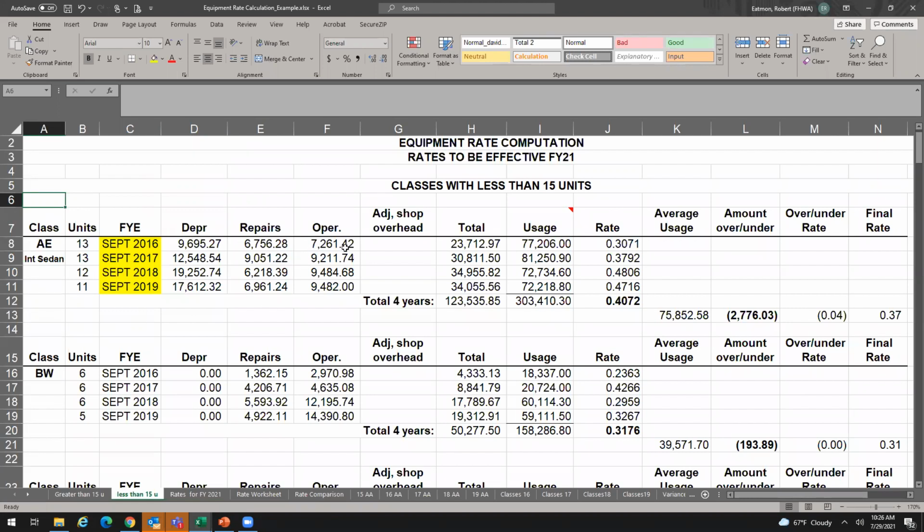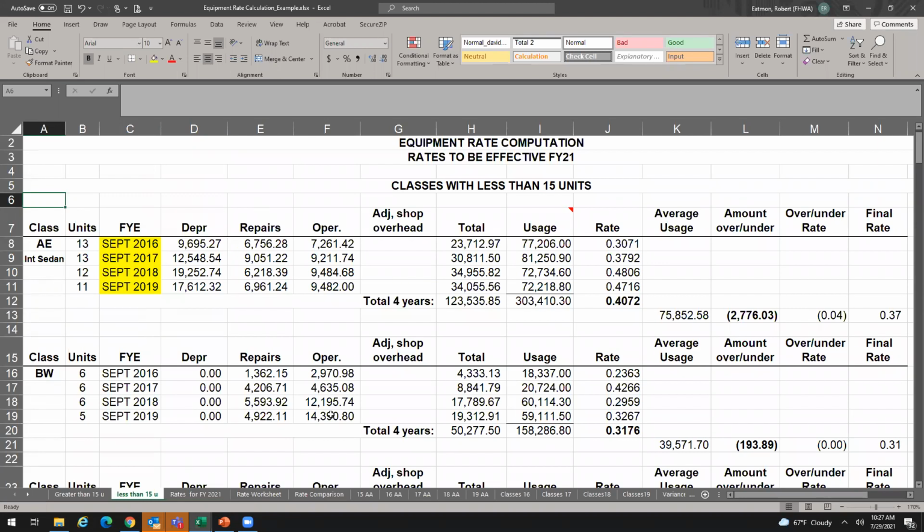If you don't want to develop an equipment rate for your equipment, you can just dump all of your depreciation for every single bit of your equipment into your indirect cost pool, all of your repair costs into your indirect cost pool, all of your operating costs into your indirect cost pool, and that would be calculated into your indirect rate. So you could just bill all of those costs via an indirect rate.